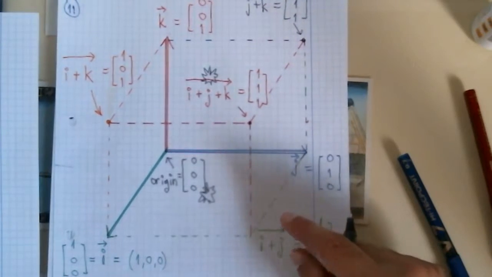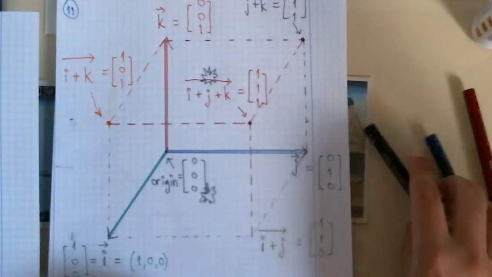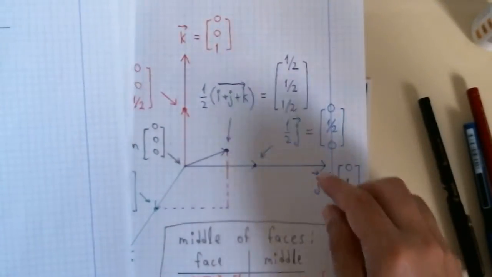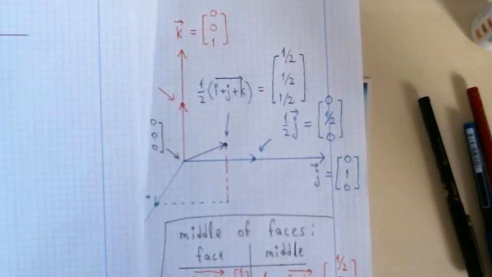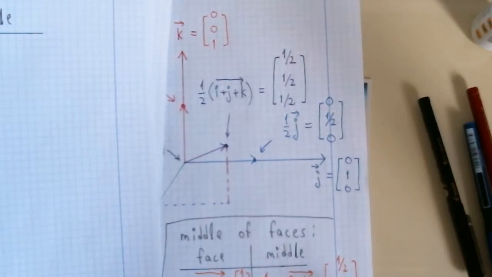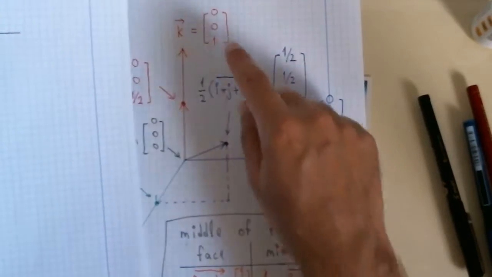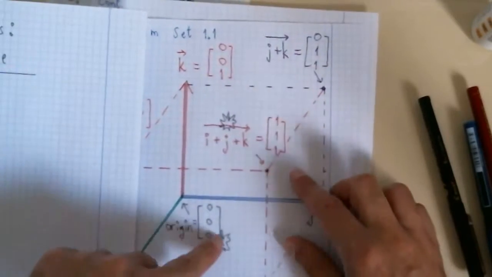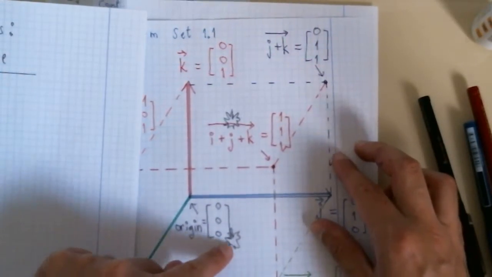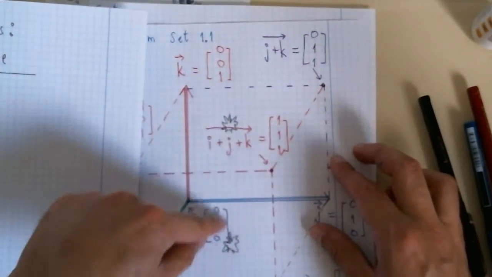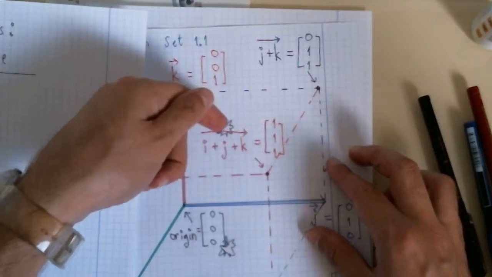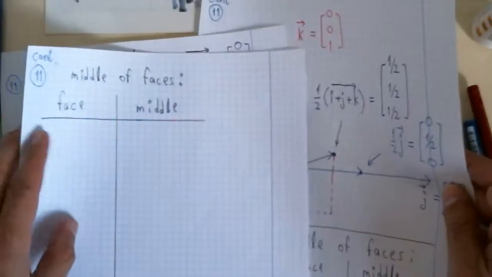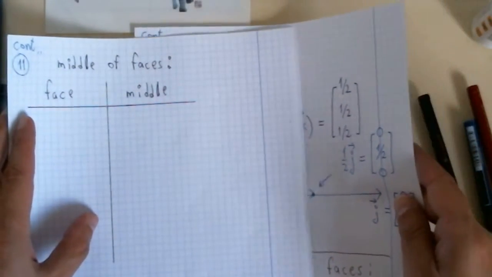Can you see? So it's going to this point that we found out. We found here that for i plus j, the middle of this face is half, half, and 0, and adding a whole k, going upwards along k, is like going to the opposite side of the cube.